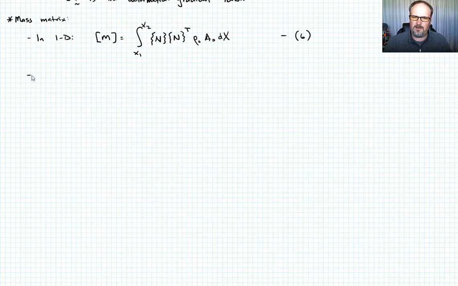And in 3D, we are going to write something similar. I'm going to write this now in index notation instead of matrix notation just because it's more convenient and compact to write it this way.